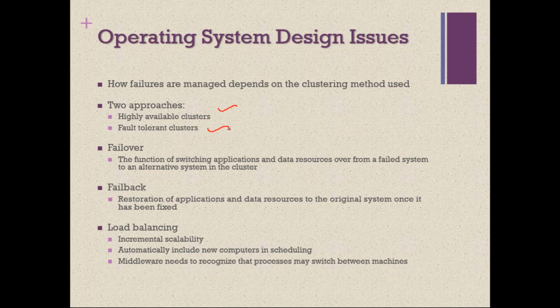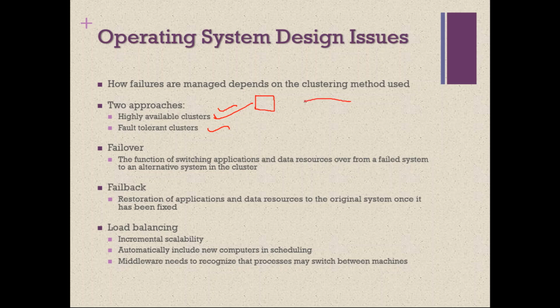If a failure occurs, a high availability cluster tries to provide maximum availability, but say due to some reason there is a failure. It is a client server model: in the cluster there will be a server, and clients are placing requests.